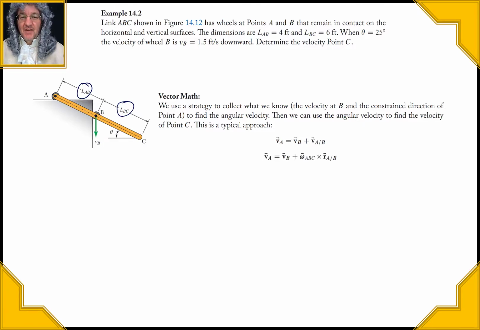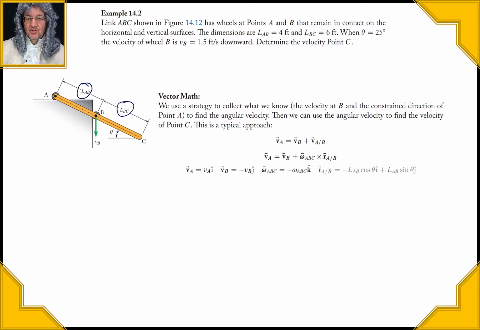We write out that vector equation, and then we write out the things that we know, keeping them as symbols. The velocity of A is the thing we want to find, and we know that's entirely in the x direction, so it's just its magnitude, its speed, V_A, times i. The velocity of B is actually a given, but I left it as a variable: negative V_B j.